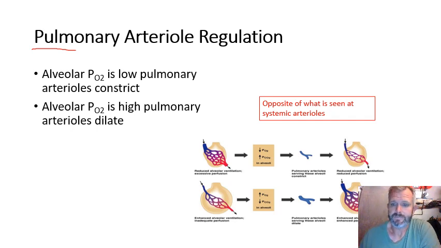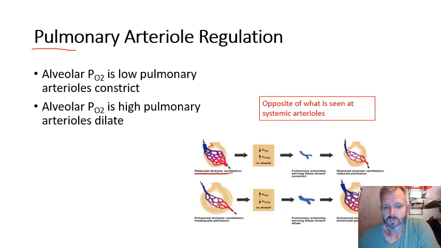Okay, you can see here, reduced alveolar ventilation. So there's low O2. You can see the alveoli is not round and well ventilated. What will happen is the arterioles of the capillary beds will be constricted, and we will send less blood through here because we have less O2 to pick up.